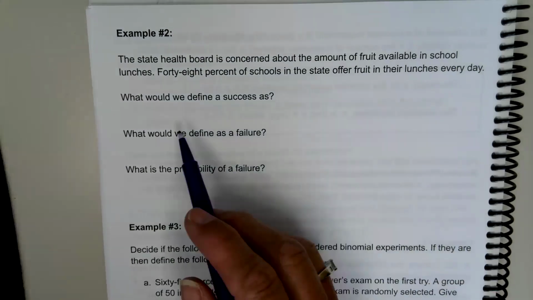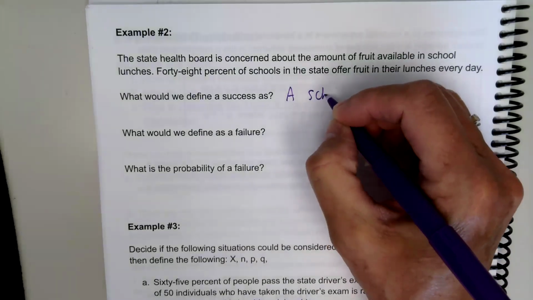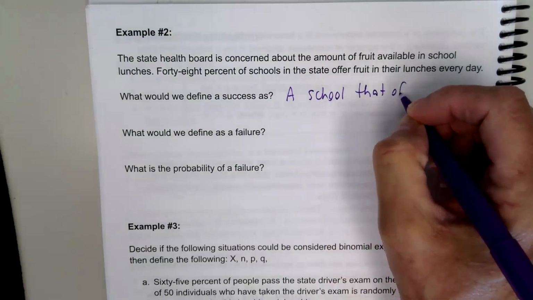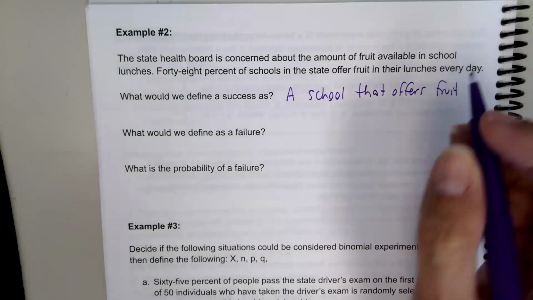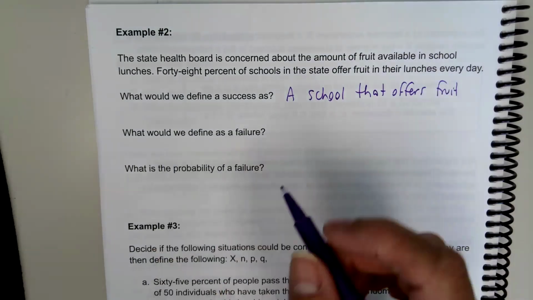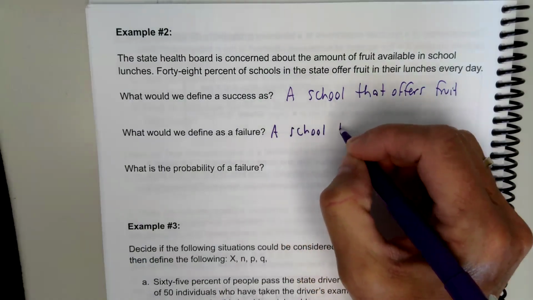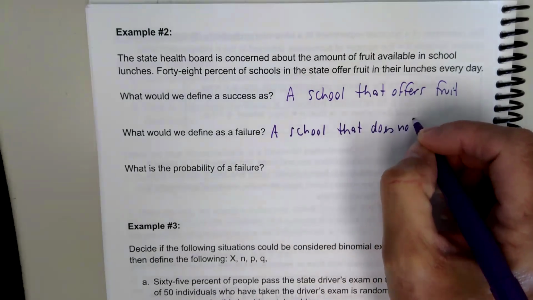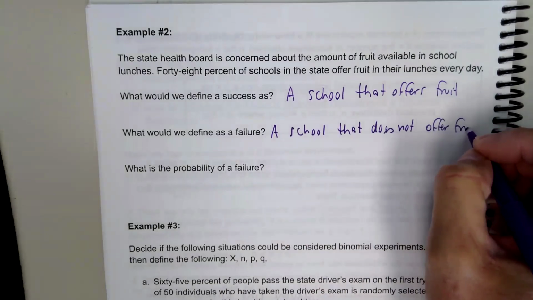Okay, what would we define a success as? A success would be a school that offers fruit. What will we define a failure as? A school that does not offer fruit.